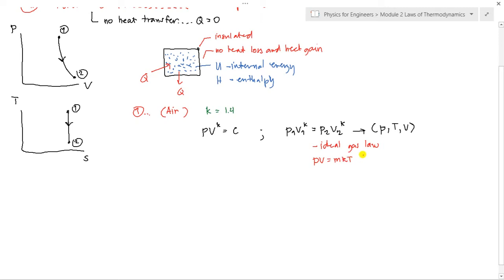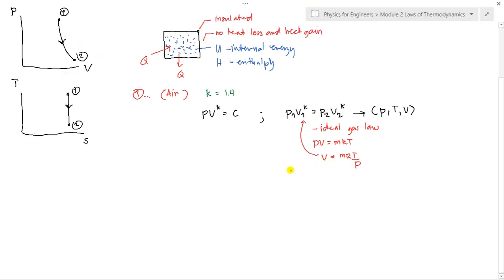So V is equal to MRT over P, and we can substitute V in our equation above to get the relationship that exists between pressure and temperature.